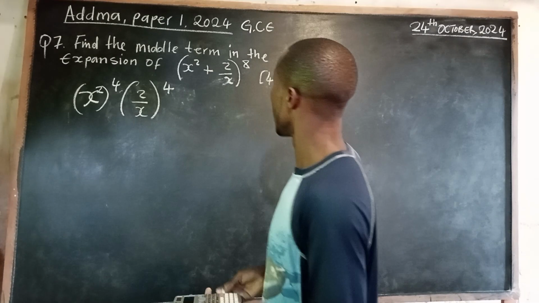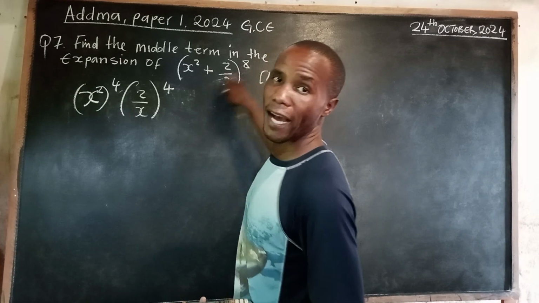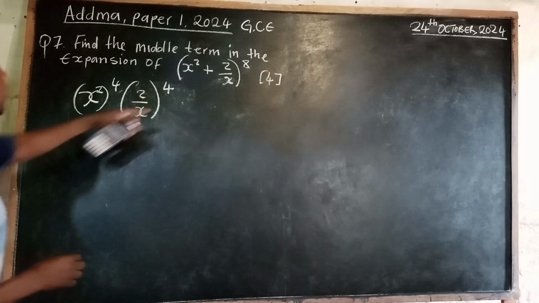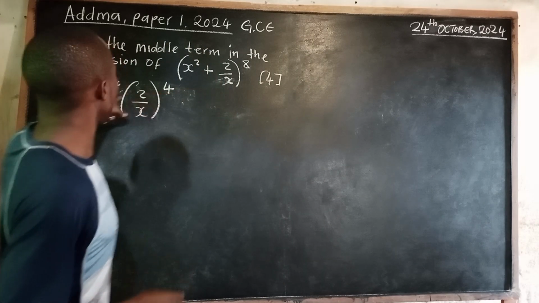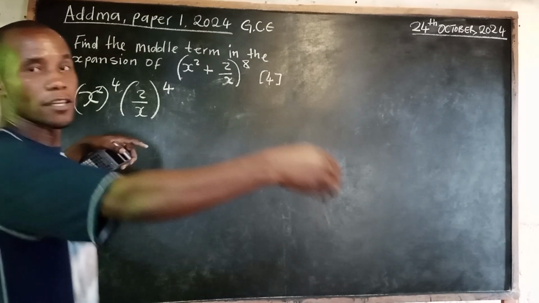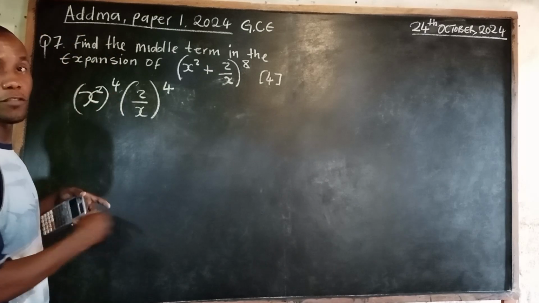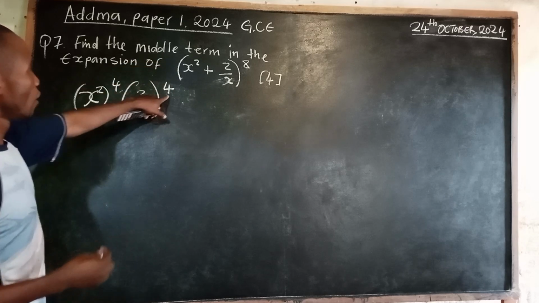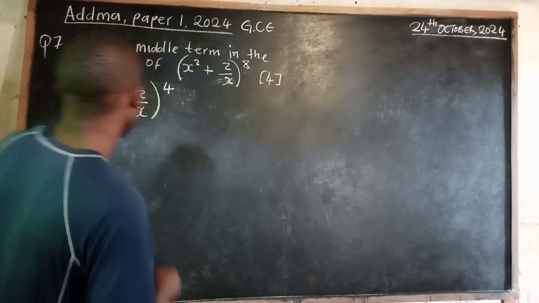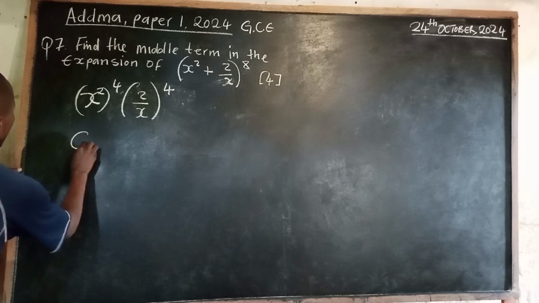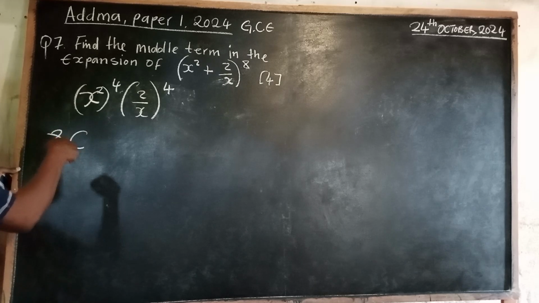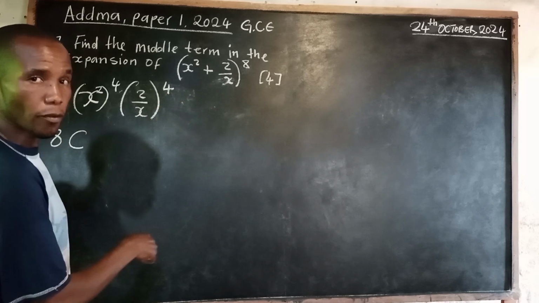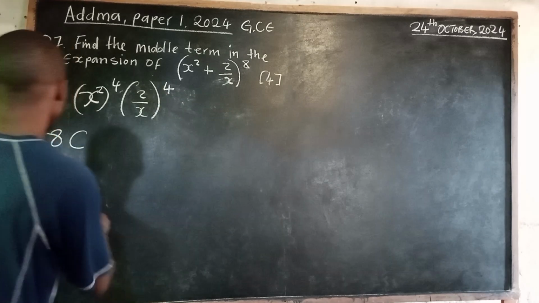The power is 8, which represents n, and we have 4 again as the power increases, because we always start from 0. Since this is the middle term, it is also 4. We want to first find the coefficient of the middle term, then that's when we proceed.